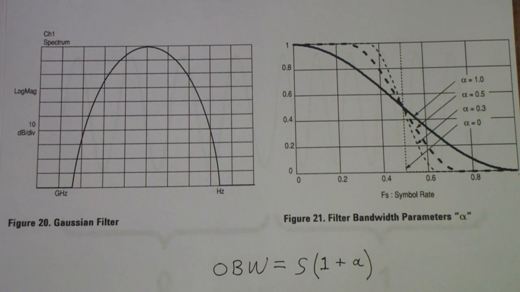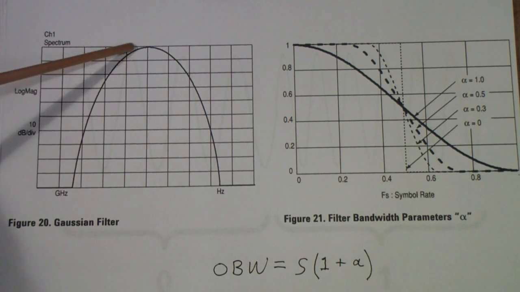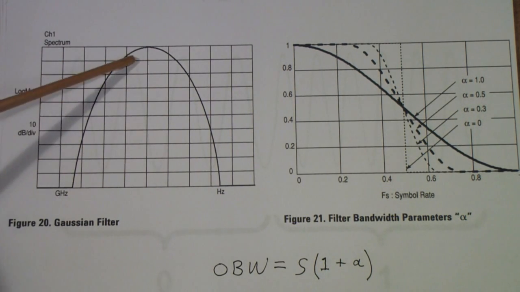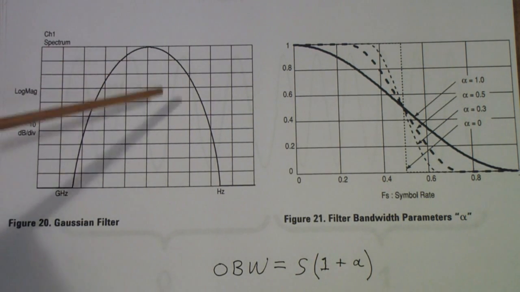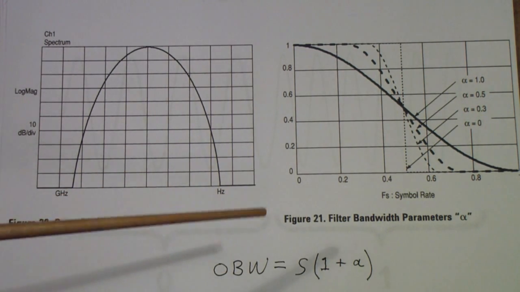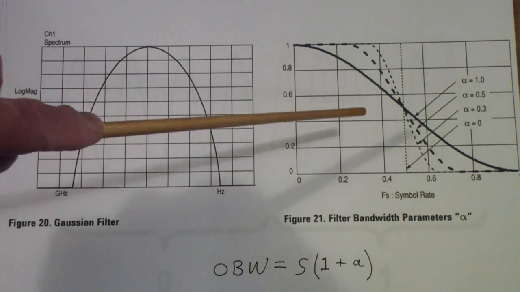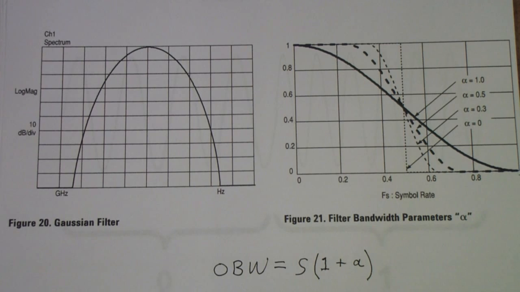The typical filter that results, normally a non-digital filter, is often called a Gaussian filter because it has a shape that is similar to the Gaussian distribution curve, that is the normal distribution curve. There is a type of filter that was originally proposed by Nyquist that is sometimes referred to as a Nyquist filter.